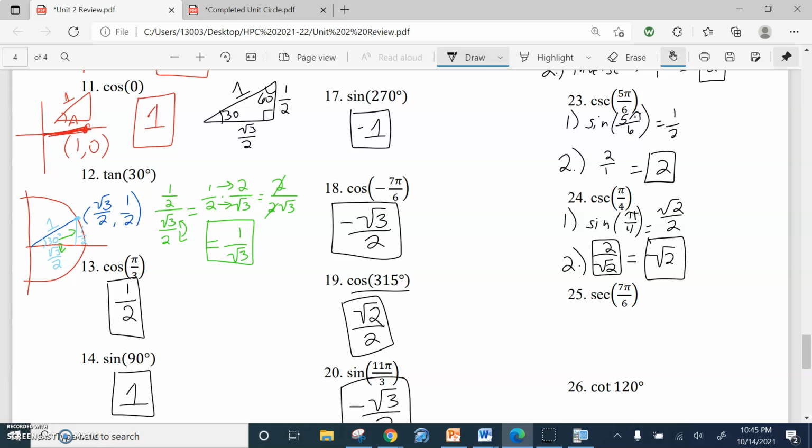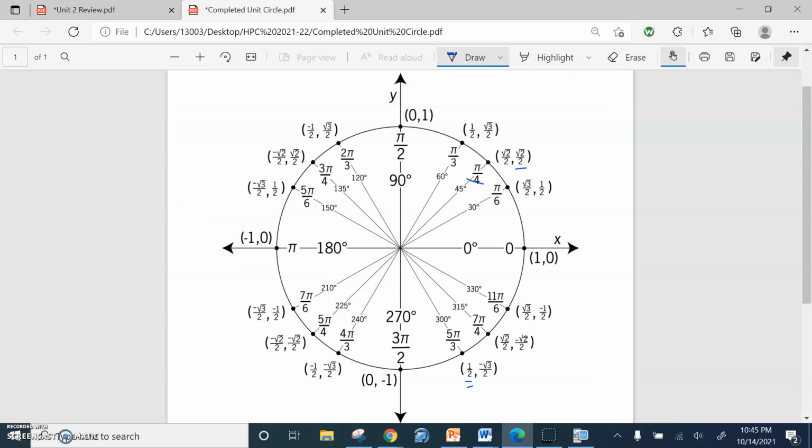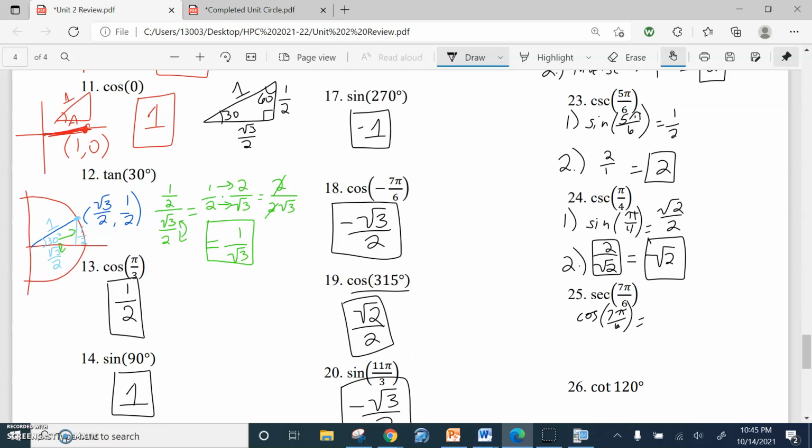There you go. 25, secant of 7 pi over 6. Let's see, so secant is the inverse of cosine of 7 pi over 6. What is the cosine of 7 pi over 6? Well, 7 pi over 6 is right here. Cosine is this first value, so that's the negative square root of 3 over 2.